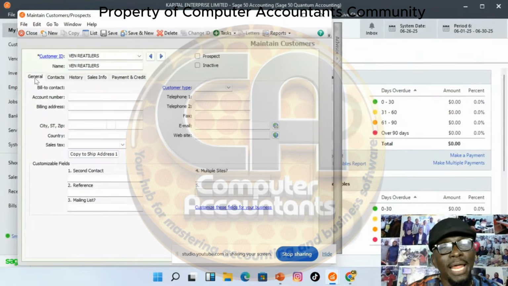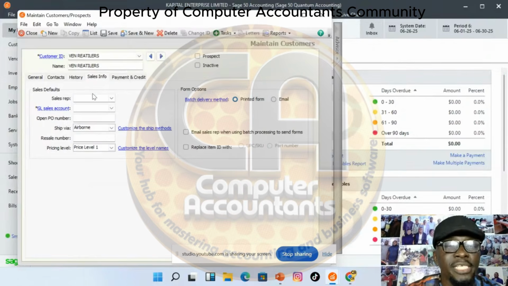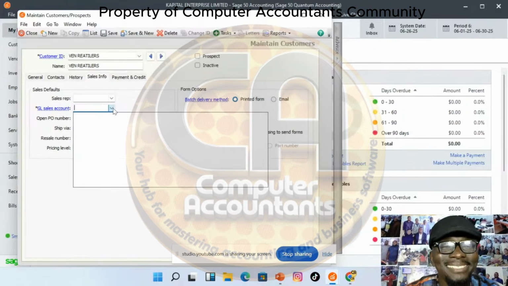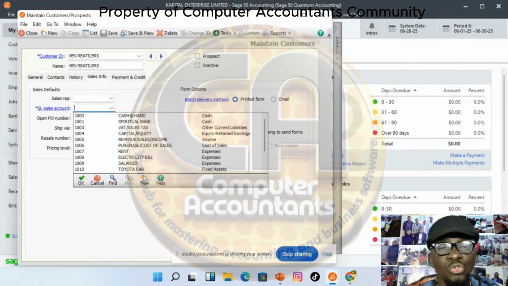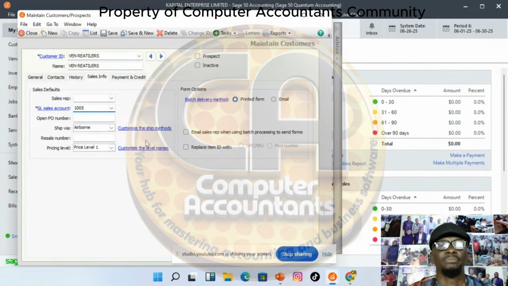Normally it will appear in general, but I've just narrowed it to sales info. Follow the same information. Link the customer. Come to sales info. Come down to the GL sales account. Link the customer to revenue. Then save and new.